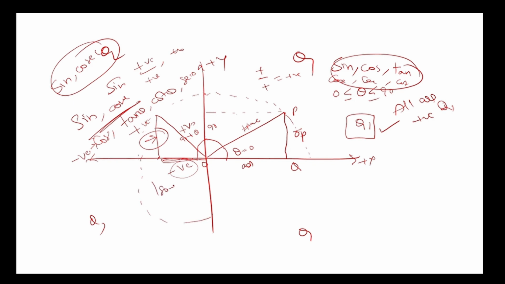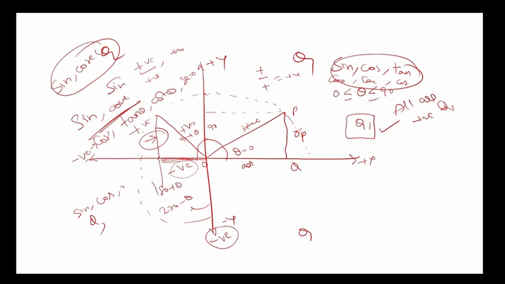Now let us extend the angle to quadrant 3, where it is greater than 180 and less than 270, so 180 plus theta or 270 minus theta. Here we have negative x-axis and negative y-axis. Draw the right angle triangle, where both sides will be negative. Only if you divide negative by negative will it be positive.